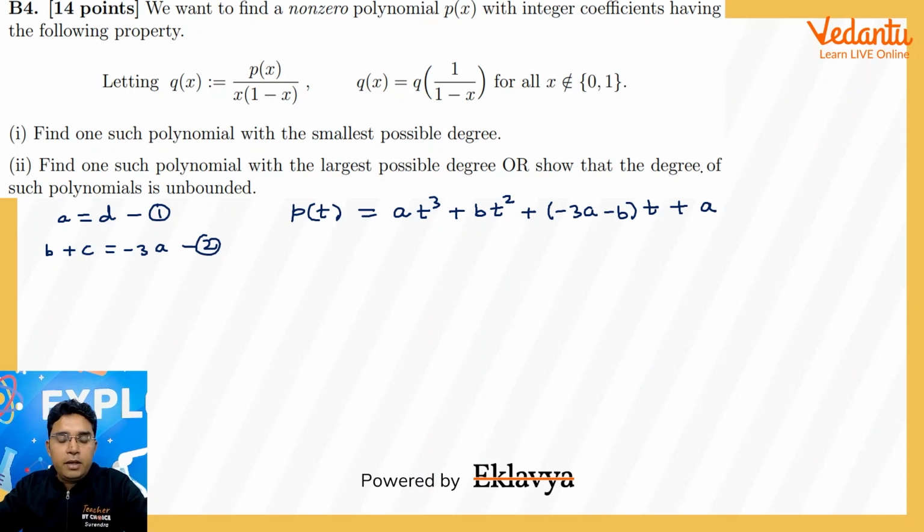So that will be the polynomial of degree 3 that is possible. So there are only two possibilities, either a quadratic or a cubic. And in this cubic, the leading term and the constant term will be the same. Coefficients of t square and t will be such that their sum is equal to minus 3a. Other than this, I think there is no restriction. a, b can be any real numbers. So this will be satisfying this one.